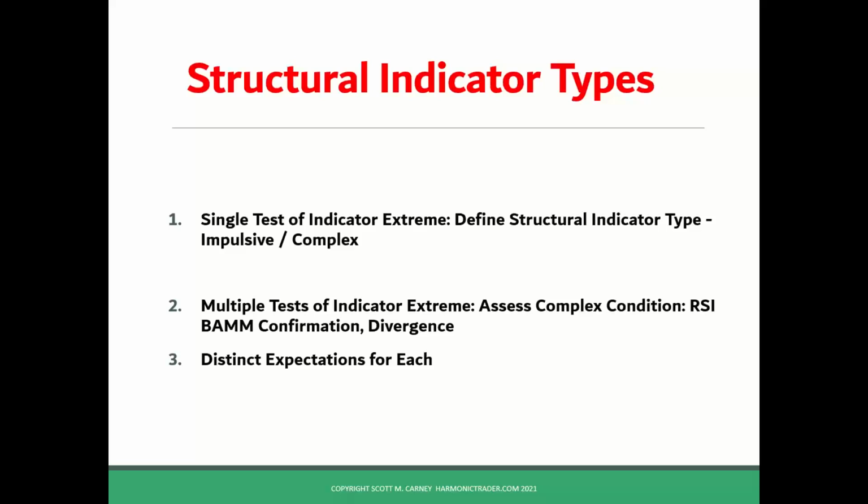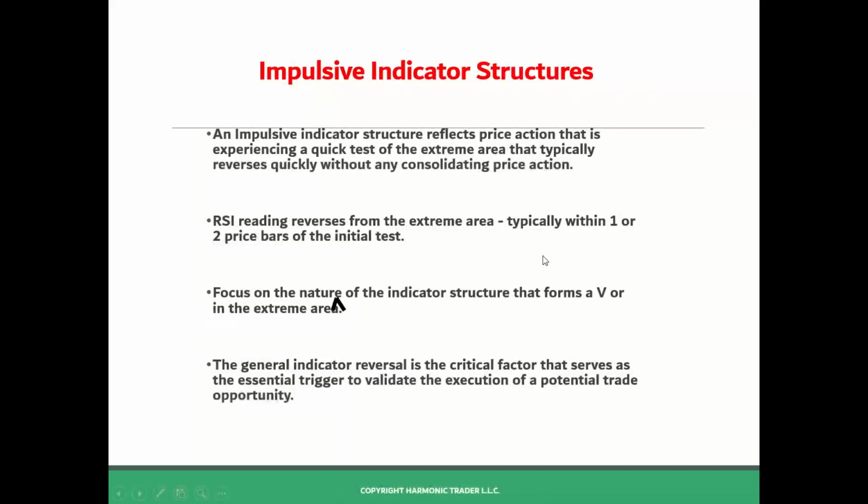You know, we still fall within the reaction reversal framework every time, but if we have some ideal complex formations, then we have a better idea or possibility for expecting a larger move.